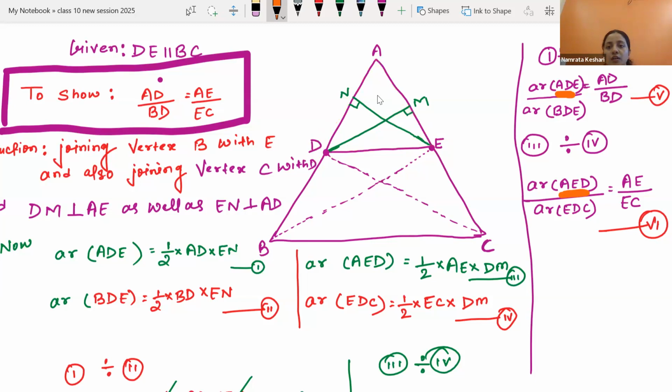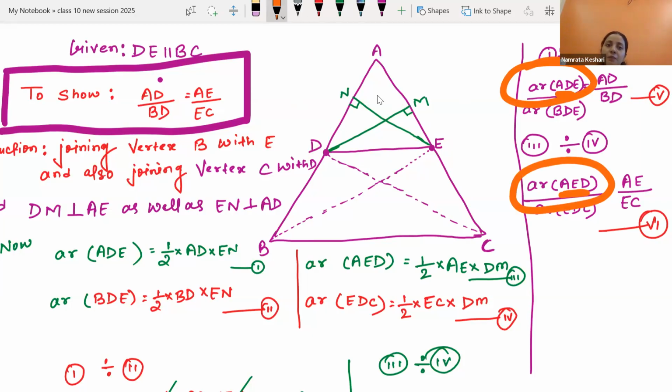Focus on your figure, the actual figure. Can we say ADE and AED is the same triangle? This one. Are you getting it? Can I say this one and this one is the same? The numerator part, just the numerator.